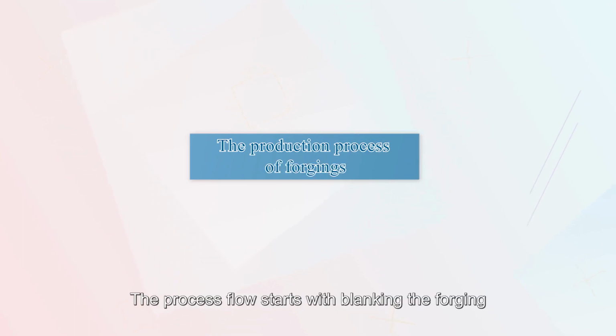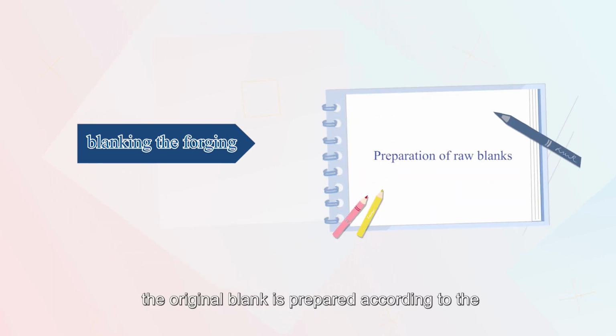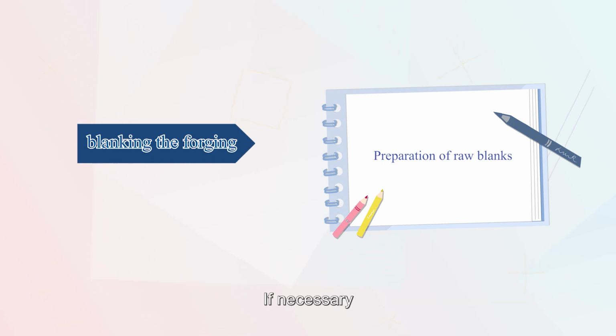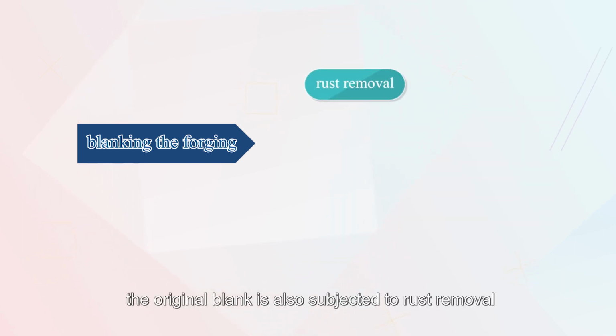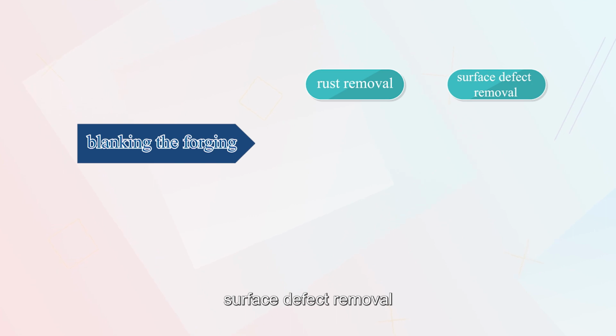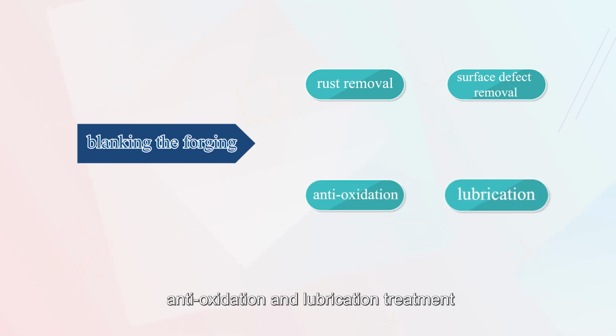The process flow starts with blanking the forging. In the blanking process, the original blank is prepared according to the specifications and dimensions required for forging. If necessary, the original blank is also subjected to rust removal, surface defect removal, anti-oxidation and lubrication treatment.